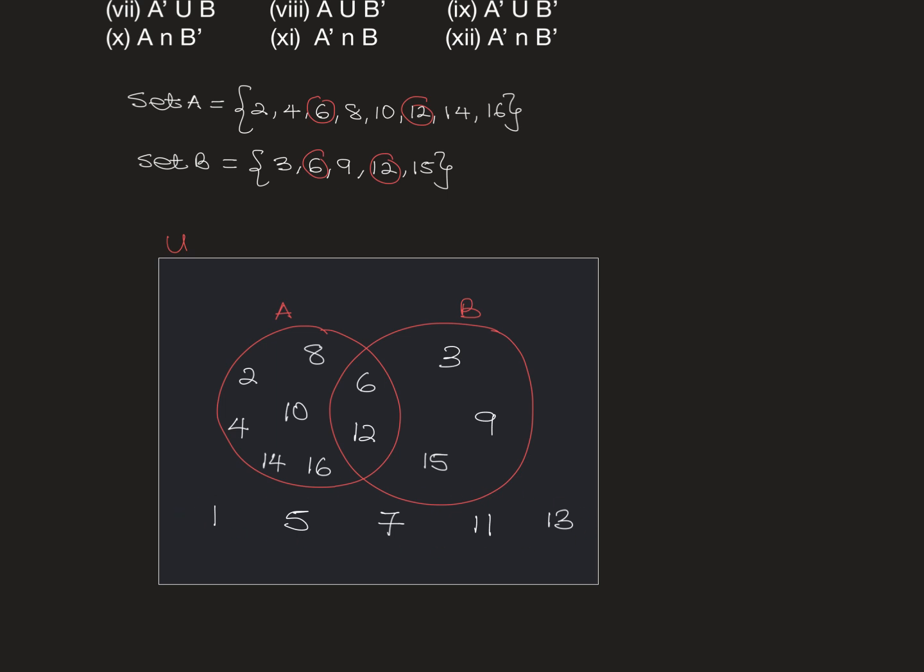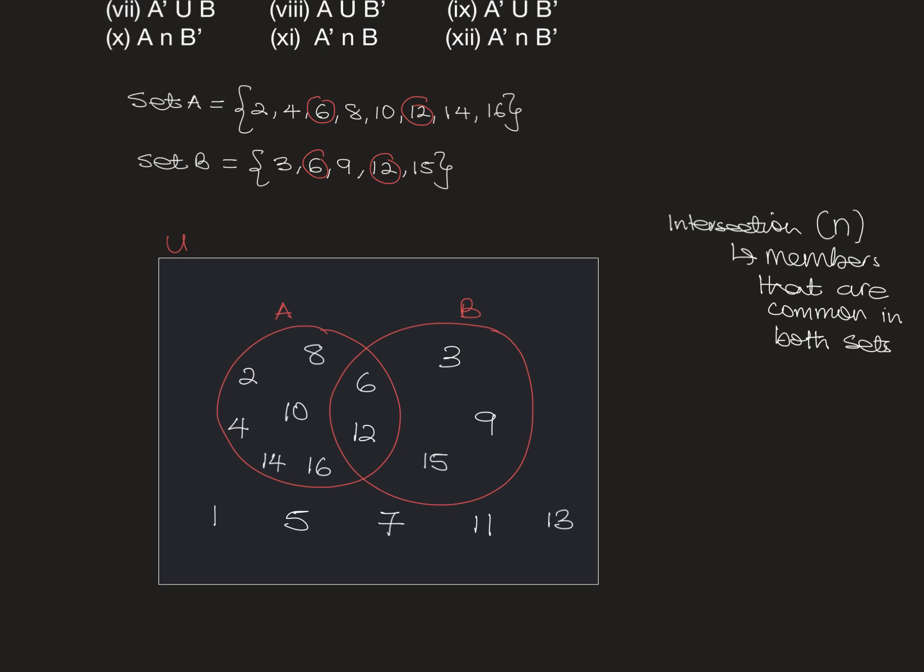Okay, so there are terms that we need to understand very well before we can answer the questions. When we talk about intersection, that is the symbol ∩, we're talking about members that are common in both sets.